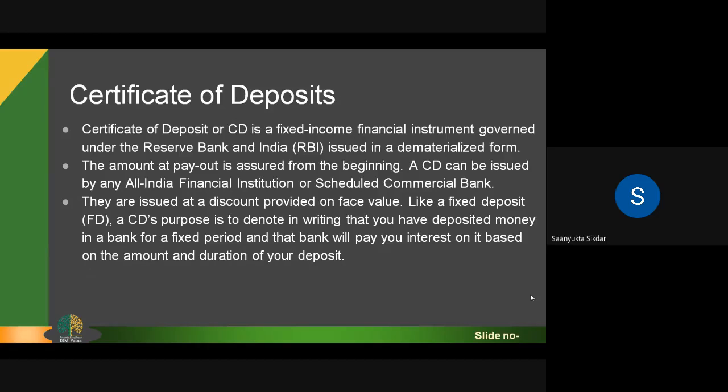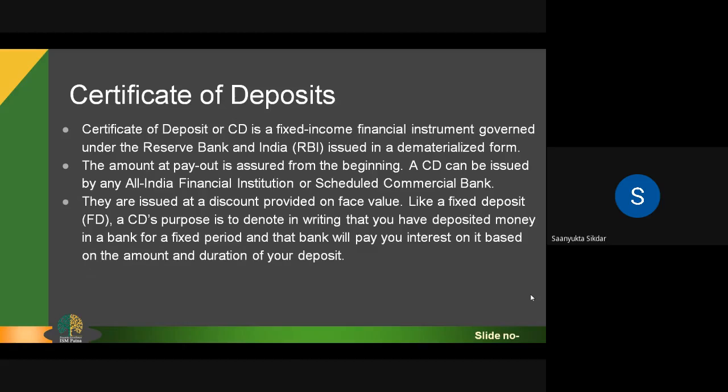Like a fixed deposit, the CD's purpose is to denote in writing that you have deposited money in the bank for a fixed period and that bank will pay you interest on it based on the amount and duration of your deposit. So usually certificates of deposits are issued by banks and they are much similar to fixed deposits also, but one major difference between FDs and CDs is that these CDs are securities.